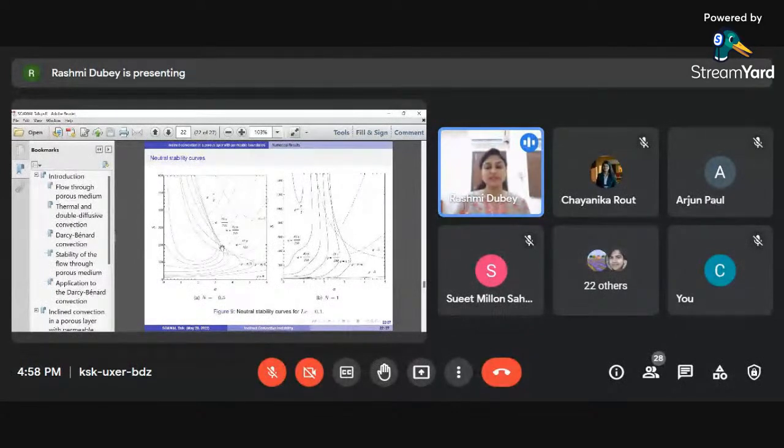Here we can see, since we have considered an inclined layer as well as permeable boundaries, we have the neutral stability curves in a different form. It's not like the conventional form which we know for the classical Rayleigh-Bénard or Darcy-Bénard problem.